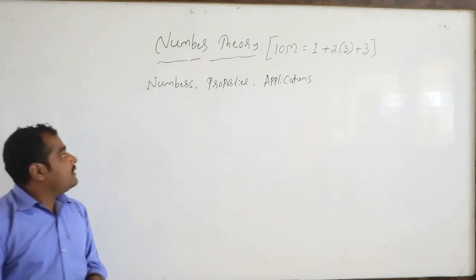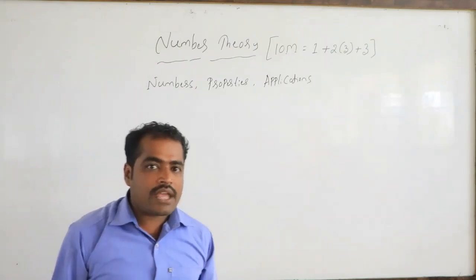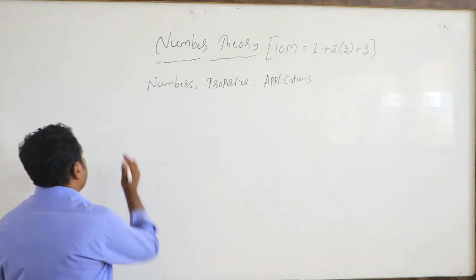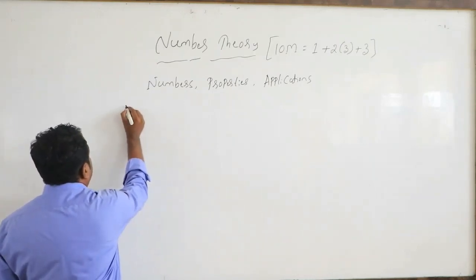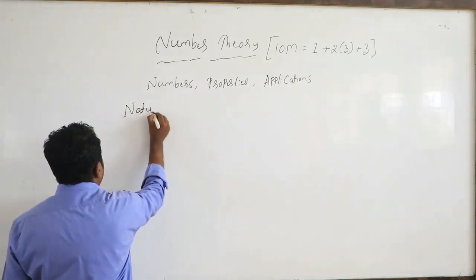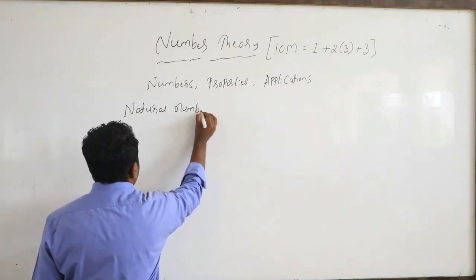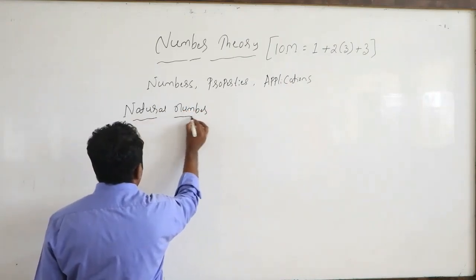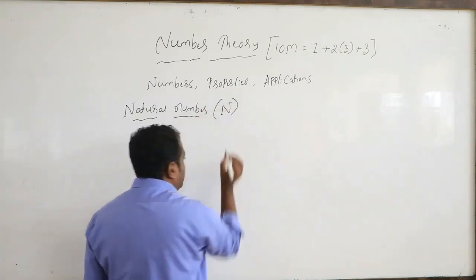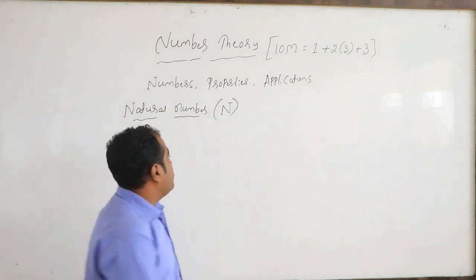Numbers are natural numbers, whole numbers, integers, rational numbers, irrational numbers, composite numbers, prime numbers, like that. So first one, natural numbers. Capital N denotes natural number.